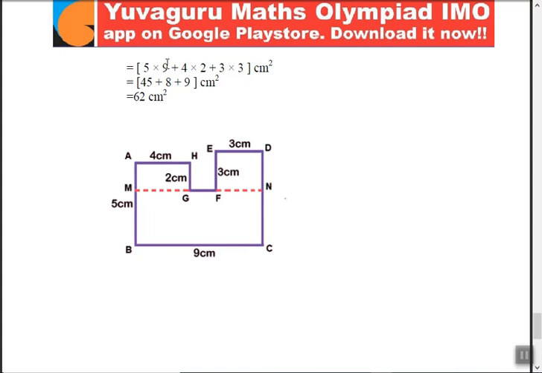Then what is the area of this rectangle? 4 into 2. Then this last one, 3 into 3. It's a square, both the sides are equal. So find the areas: 45 plus 8 plus 9. Add them, 62 cm square. That is the area of this whole figure. That way it is done.